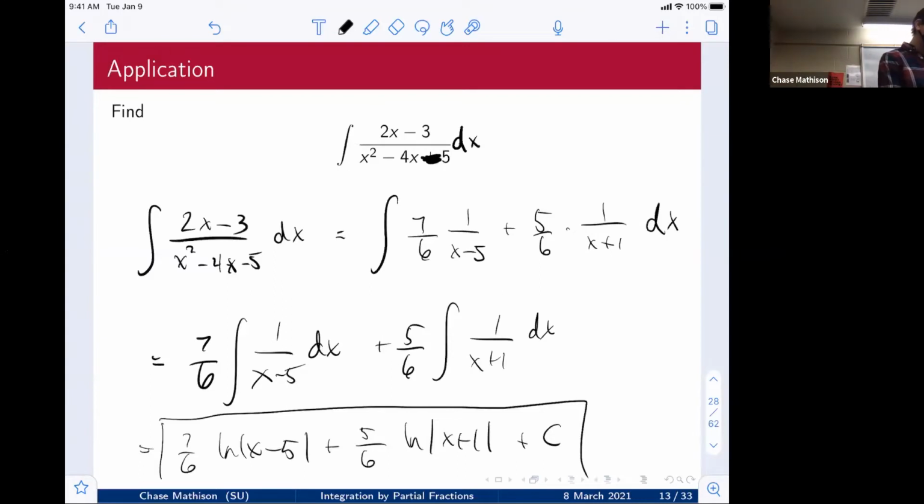If this was 2x minus 4 up here, then we would be on easy street. Then we could just use u is x squared minus 4x minus 5, du would be 2x minus 4, we would be golden. But we can't do that. U substitution wouldn't quite work for us. Okay. Questions?